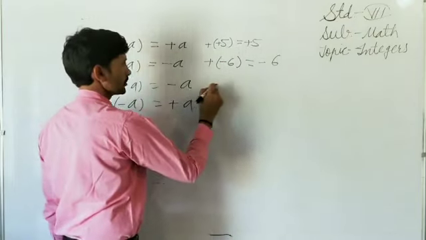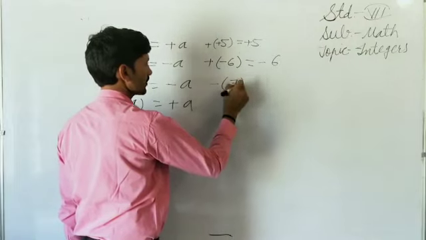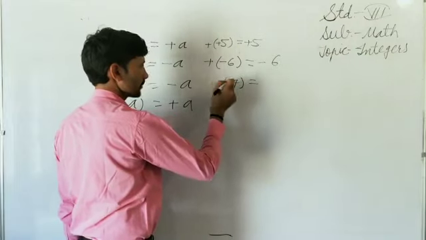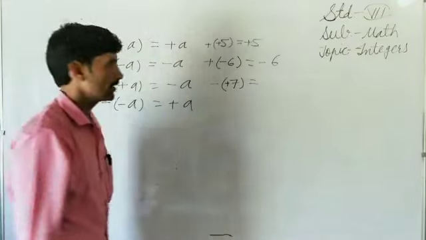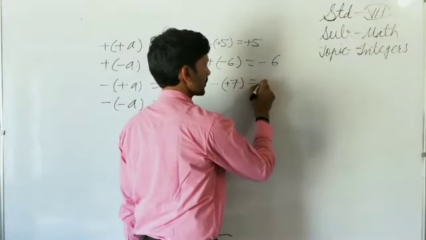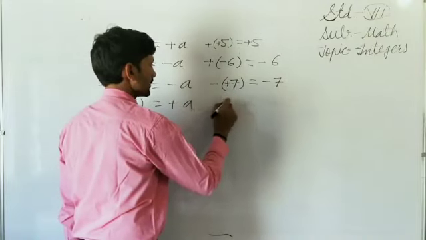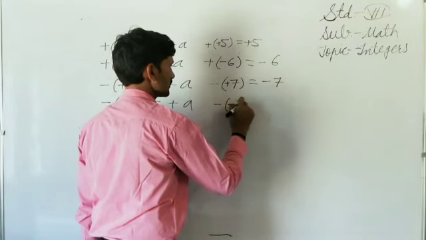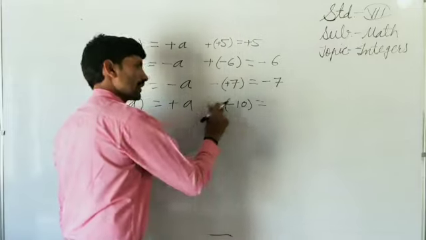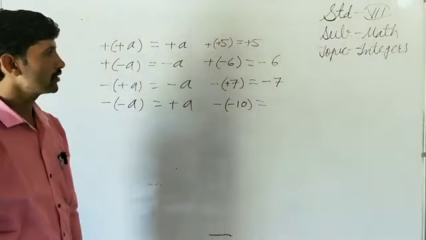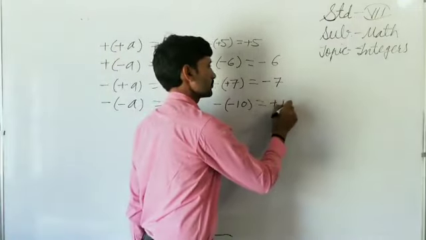Suppose here is minus and I write here 7, then inside the bracket is plus sign, outside the bracket is minus sign, then minus plus will become minus 7. Here if I write minus and minus 10, then outside the bracket is minus sign, inside the bracket is minus sign, so it will become plus. So it is plus 10.